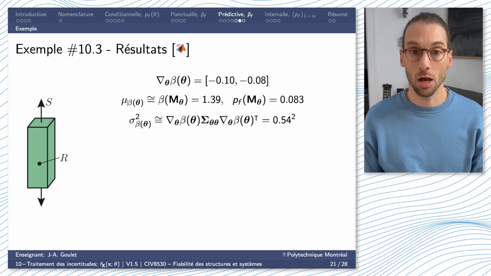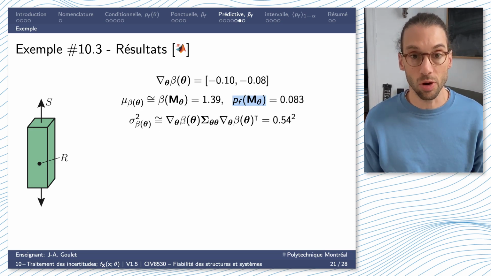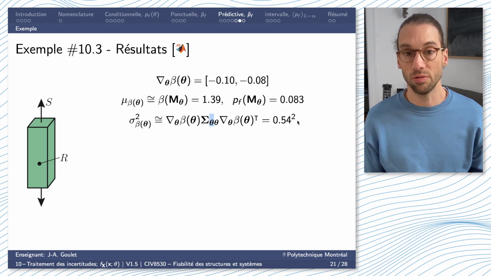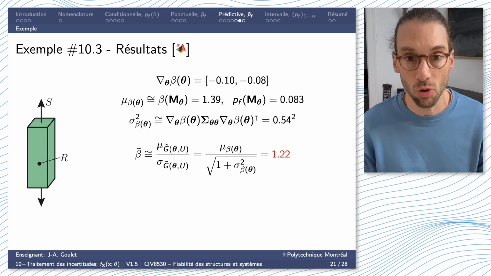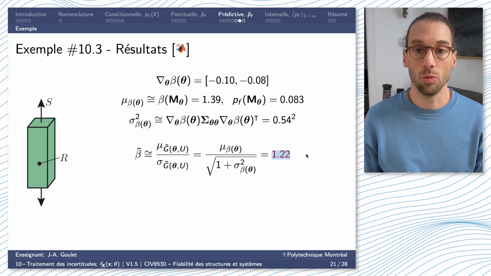The mean of my beta is going to be the beta evaluated at the expected value, 1.39, with the corresponding probability of failure, 0.08. The variance for beta is going to be the gradient of beta with respect to theta, the vector I have here, times the covariance I defined in the previous slide, times gradient transpose, which gives 0.54. If I divide 1.39 by the square root of 1 plus 0.54 squared, I'm going to get 1.22.